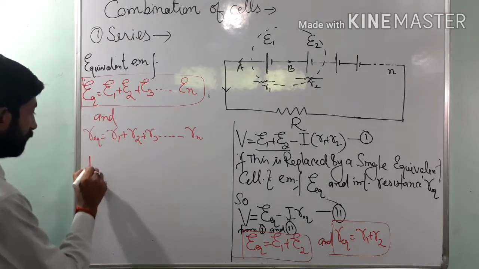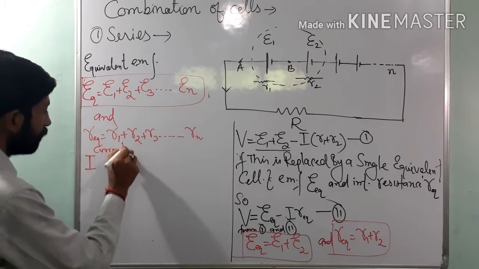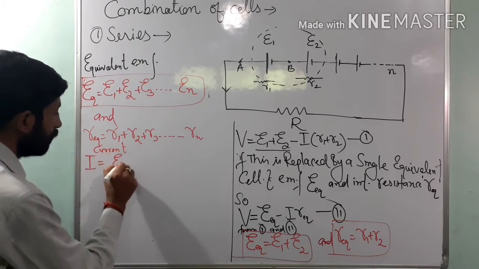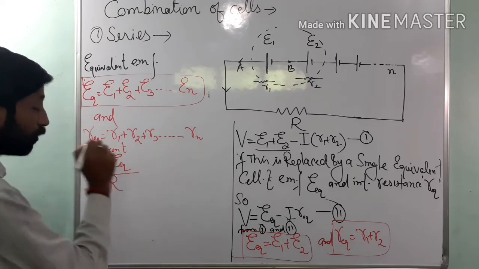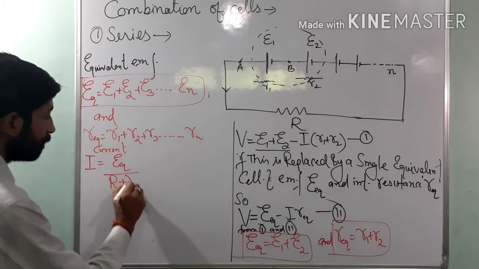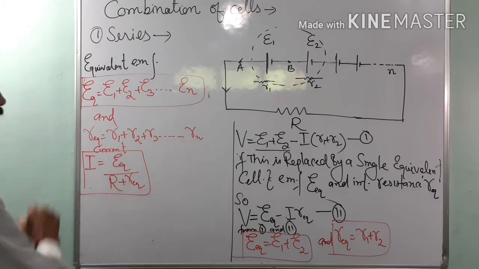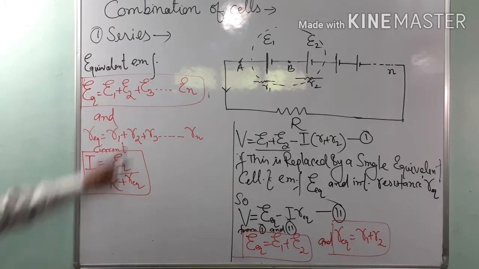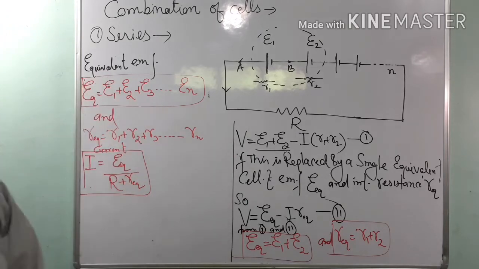The current in the circuit is equal to E equivalent over total resistance, according to Ohm's law. Total resistance is how much? There is R equivalent. That's it. Very, very simple. Okay, this is clear. So this will be obviously clear.